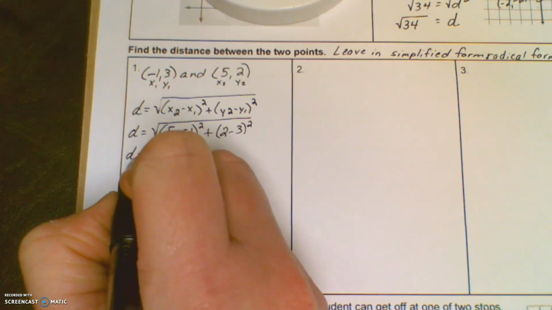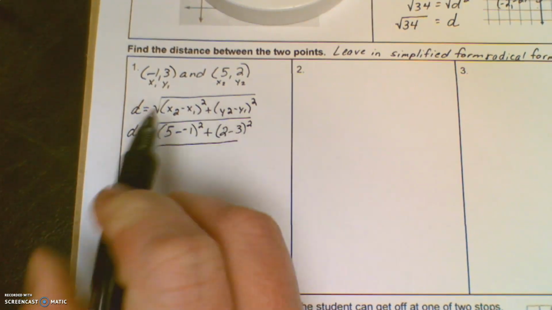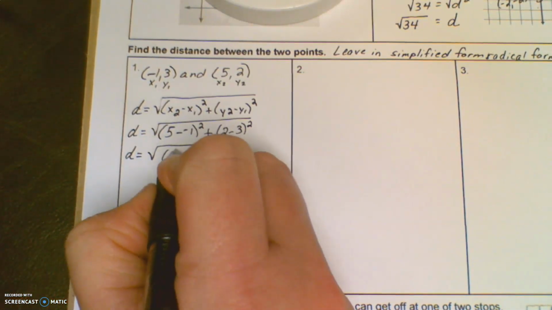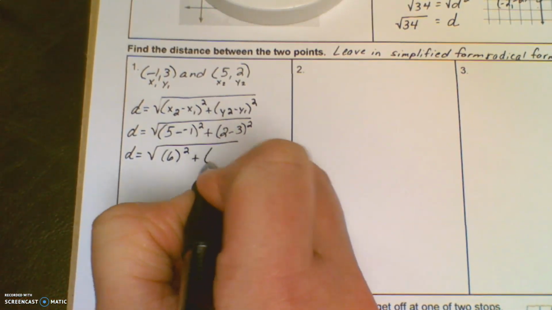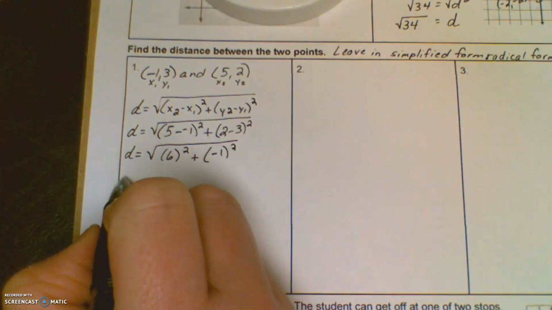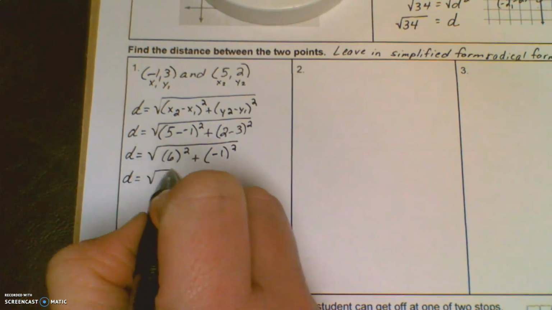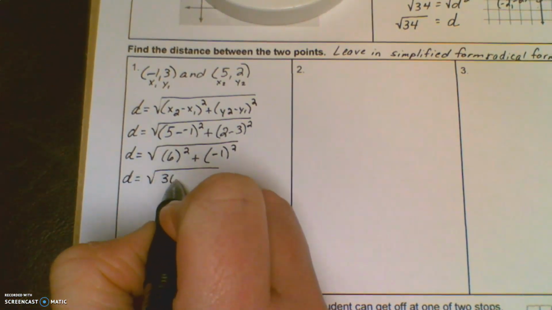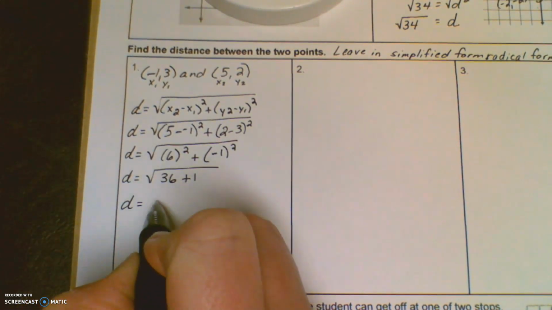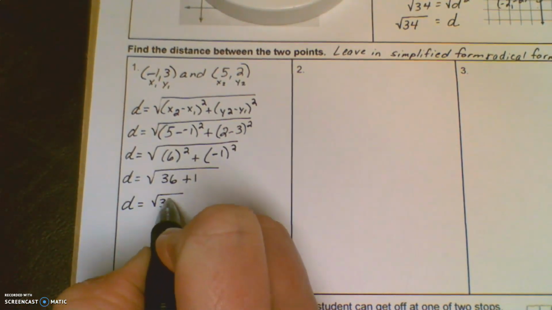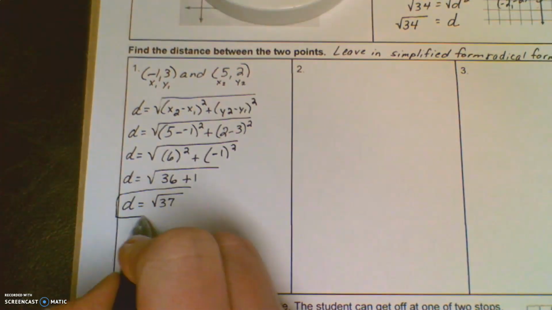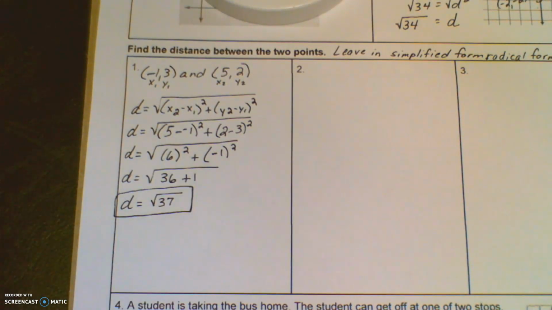Continue to simplify. 5 minus a -1 is 5 plus 1, which is 6 squared. 2 minus 3 is -1 squared. 6 squared is 36. -1 squared is 1. And we get the square root of 37. And this will not break down anymore. So the distance equals the square root of 37.